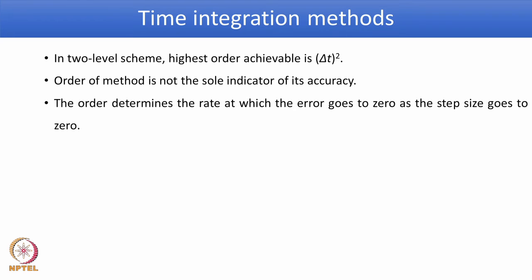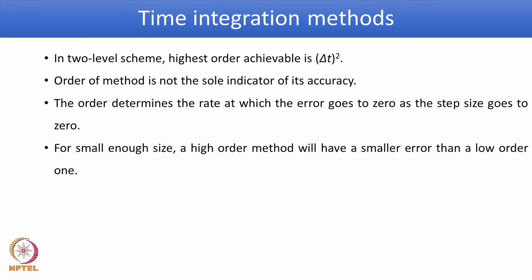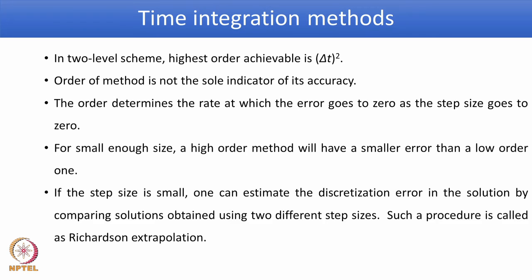If you decrease the delta t, we have already seen in the results that with a very high delta t, the performance by the explicit scheme is poor, but the same explicit scheme performs better if you reduce the delta t. So, for small enough step size, a higher order method will have a smaller error than a lower order one.